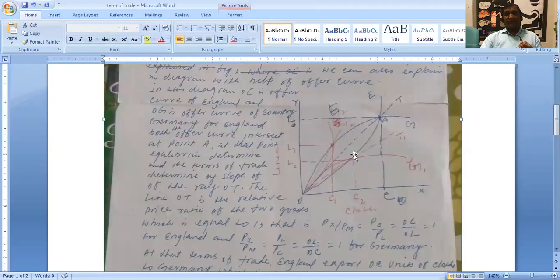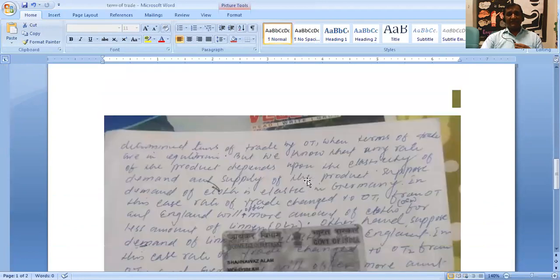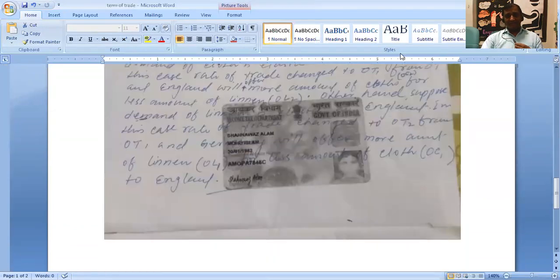Then the offer curve OG moves to OG1, and in that circumstance Germany offers less linen for more cloth. That means we can say that the actual terms of trade between them depend upon the elasticity of demand and the demand pattern of the goods in both the countries. Thank you.